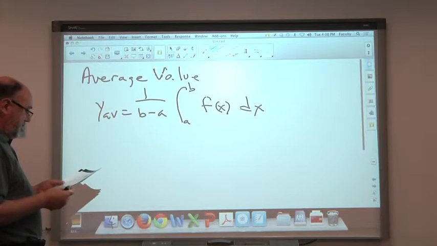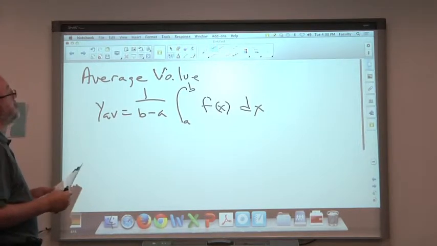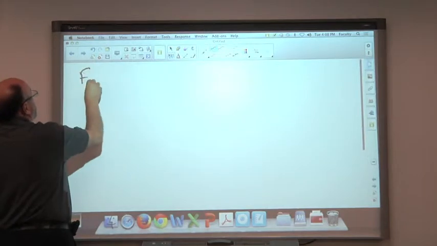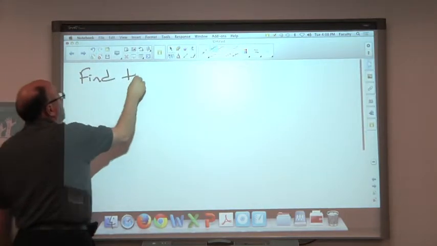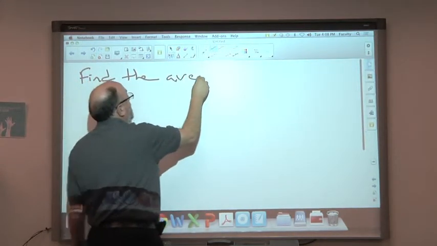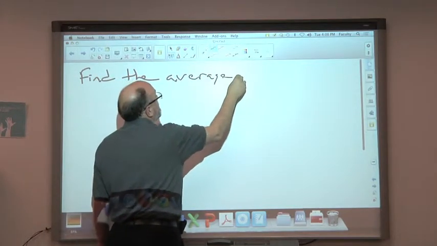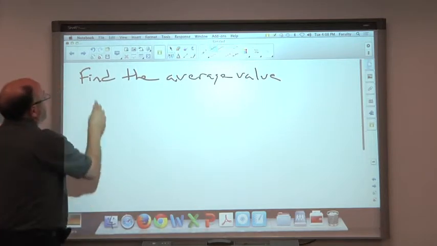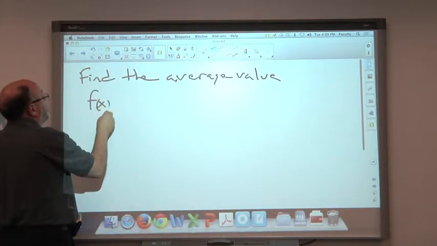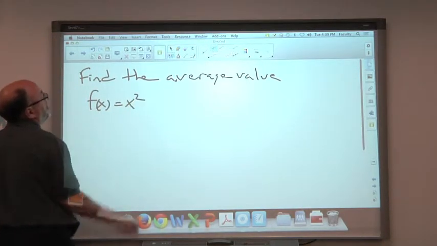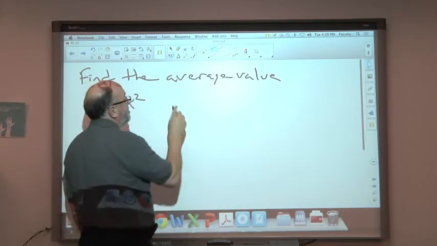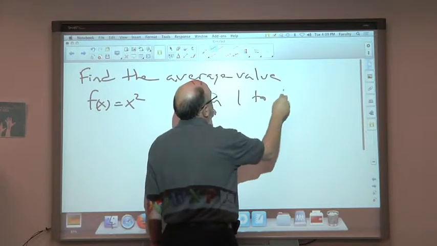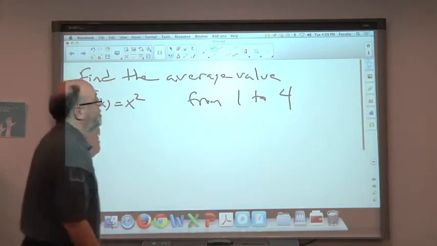So in terms of example one, let's say I want to find the average value given that f of x is equal to x squared, and I want to know the average value from 1 to 4, right?